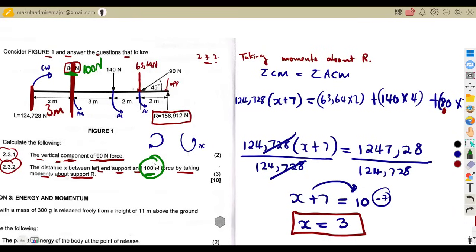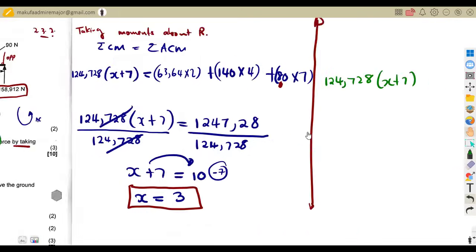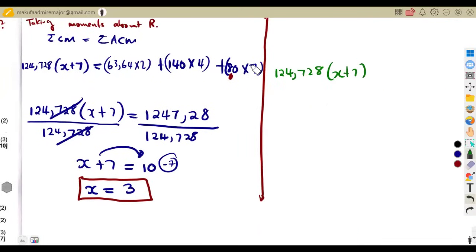But if you take this 100, it means the error was on the diagram. It was supposed to be 100 on the diagram. So where there is 80 on the diagram, we put 100. Only that part. Then simplify everything and see what the answer is on that part.